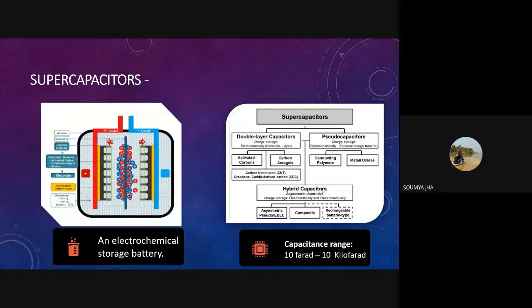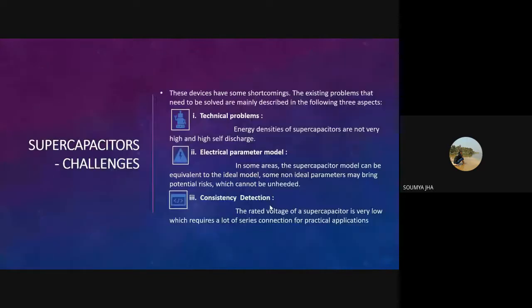The capacitance of supercapacitors ranges from 10 farad to 10 kilofarad. Now, as we all know, till now the market demand for supercapacitors has not increased. It is due to various existing problems in the field of supercapacitor technology. And these challenges can be divided into three parts.